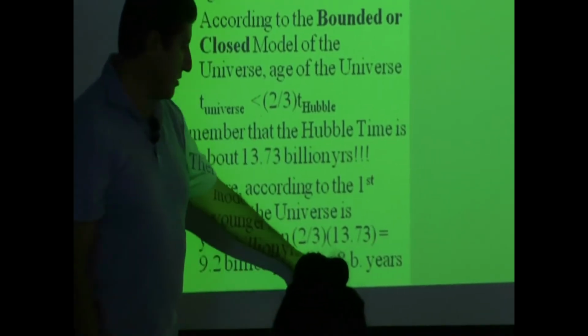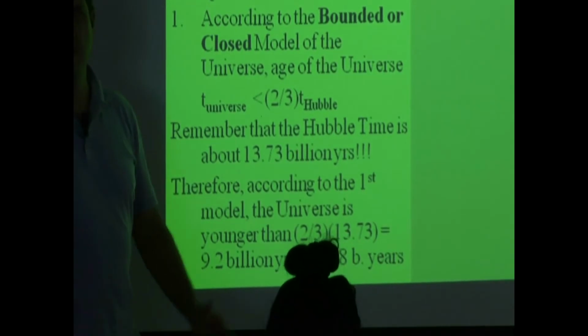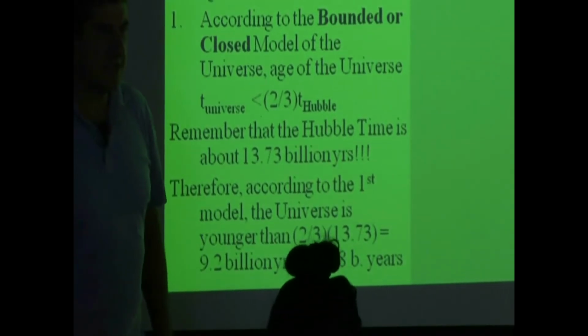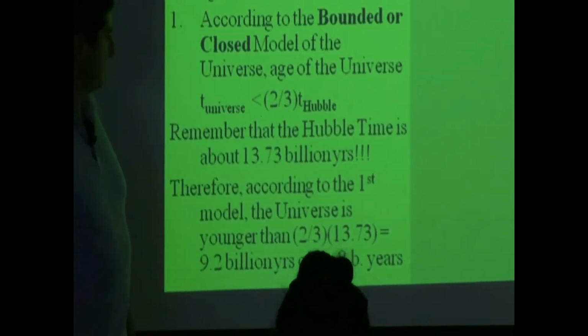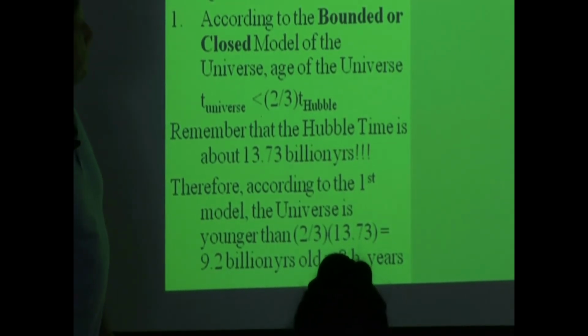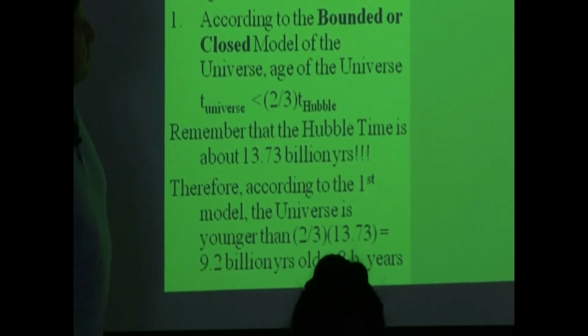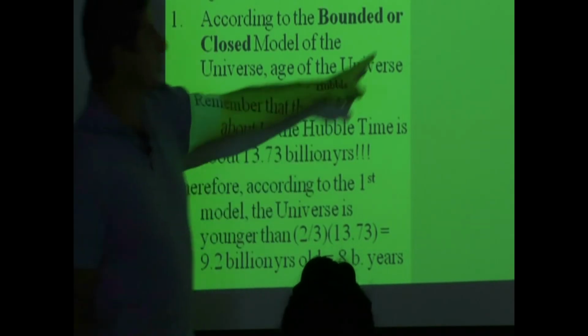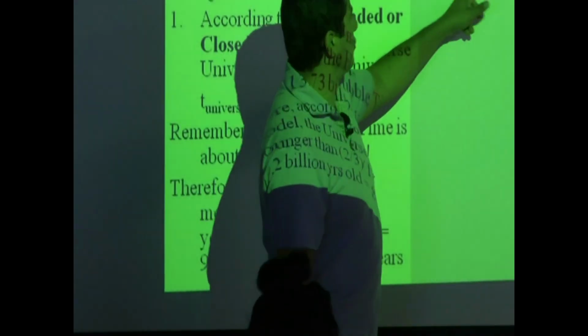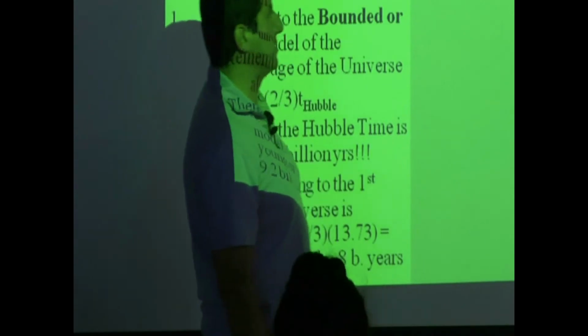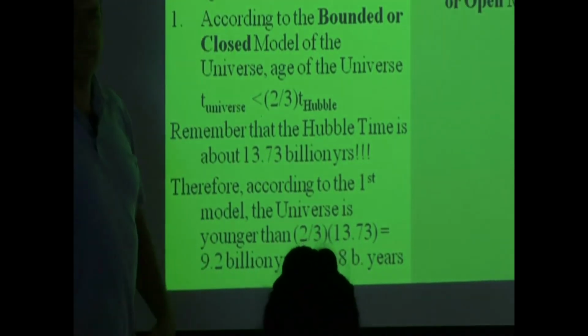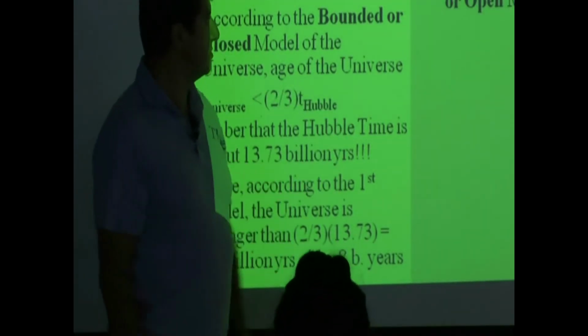The universe is about 8 billion years old. Well, we found objects that are older than that, so we've ruled that out. According to the marginally bounded model, the universe is 2/3 the Hubble time, which gives you about 9.2 billion years old. And again, we've ruled that out.